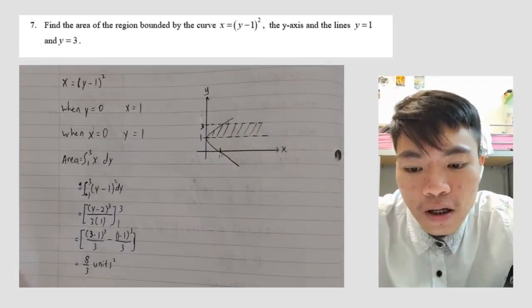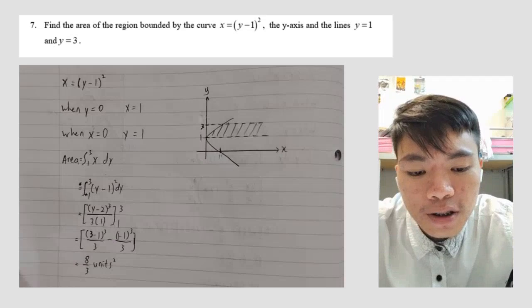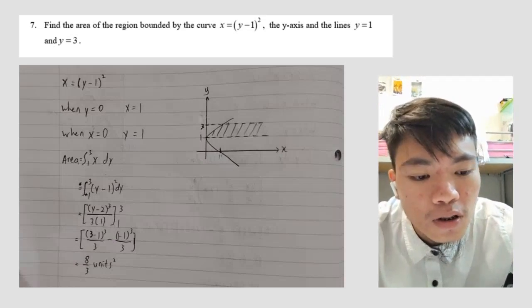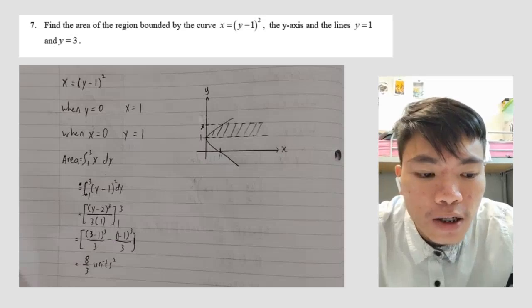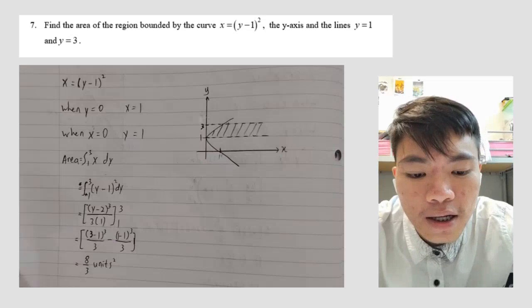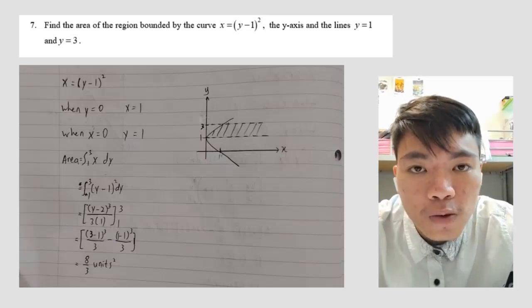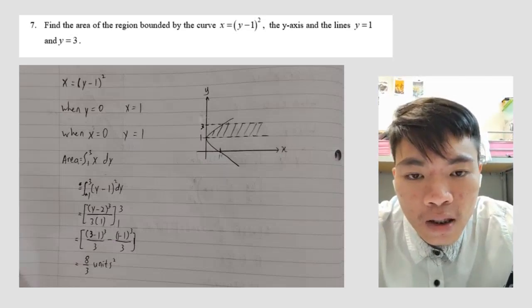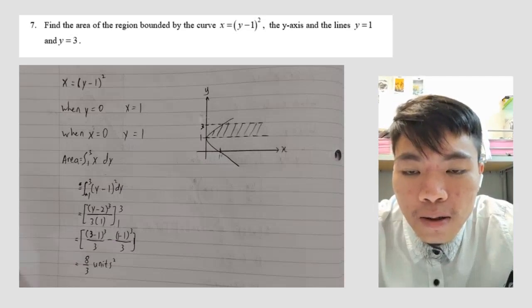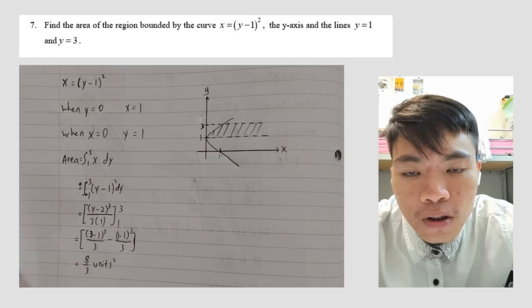Next, question 7. Find the area of the region bounded by the curve x equals (y minus 1) squared, the y-axis, and the lines y equals 1 and y equals 3. Based on the question, x equals (y minus 1) squared.